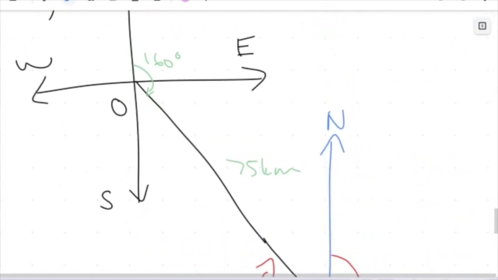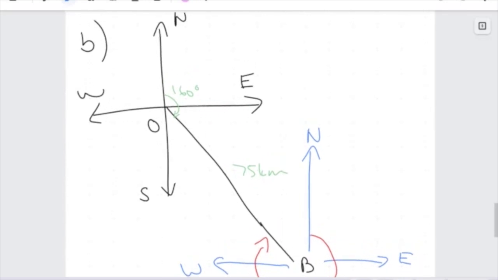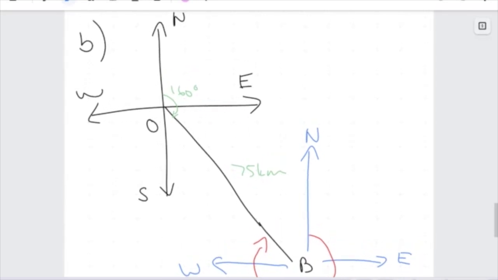Now, I'm going to do this question in a slightly different way to the previous one, because it's actually a very similar question. Now, if I draw up this thing here, remember, all norths are parallel.